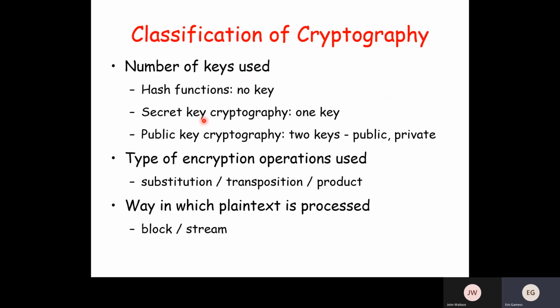When you use secret key cryptography, also called symmetric key cryptography, you have just 1 key. So both parties, the sender and the receiver, need to have the same key, and they need a way to talk to each other to agree on a key.